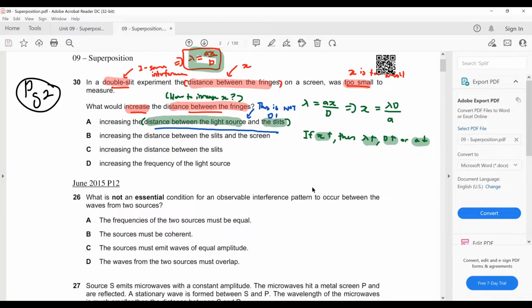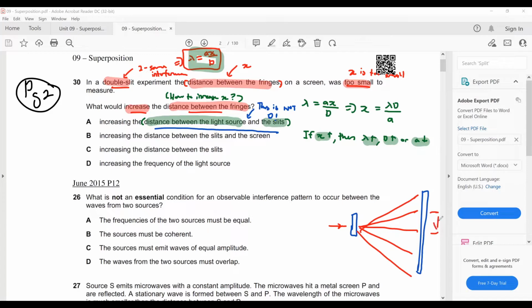If I wanted to draw a simple representation of the diagram here, this is what you have. This is your bright and dark fringes. This is your x.